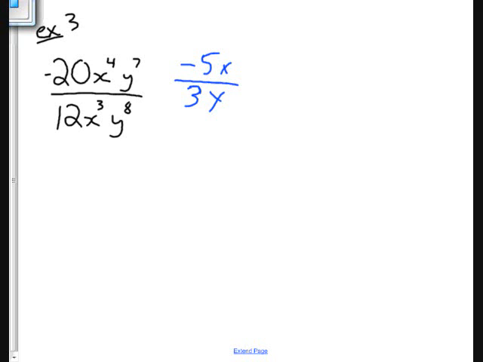Why wouldn't it? Because it's on the bottom, we take the 7 minus 8. 4 minus 3. Bigger on the bottom, not the top, because it's bigger. And what are our restrictions going to be?